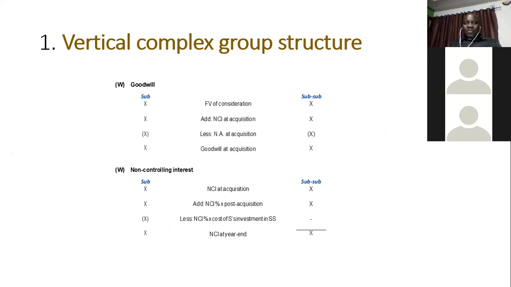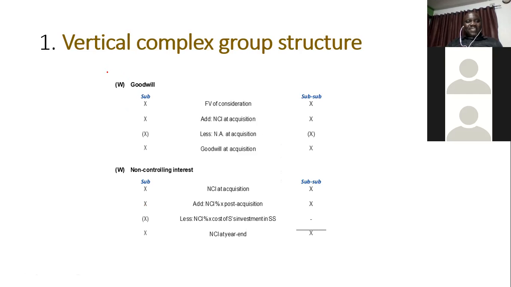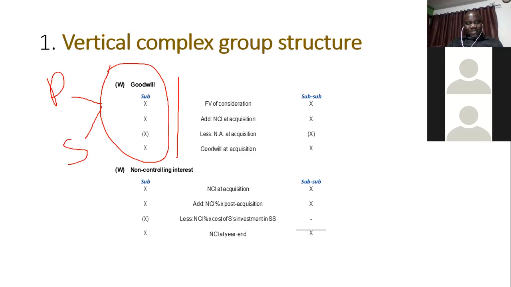So this is what would happen on a vertical complex group. This side is actually going to be normal: the relationship between the parent company and the subsidiary company. This is what you know for now. On this side, you as a parent company are coming in indirectly.